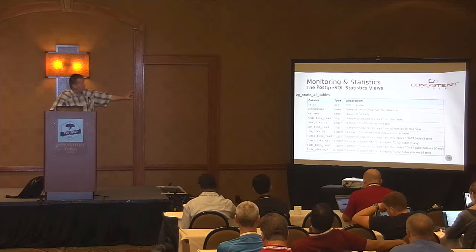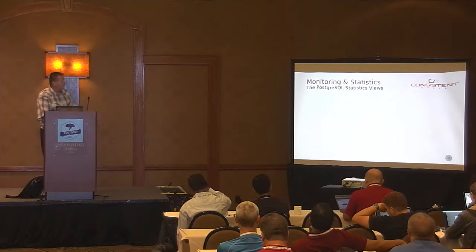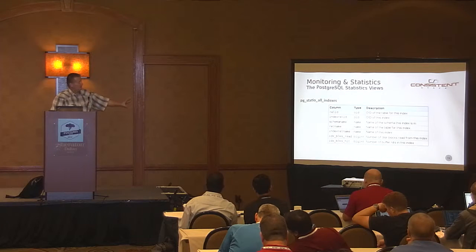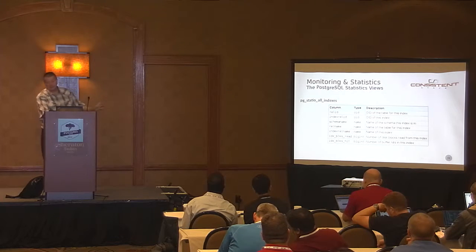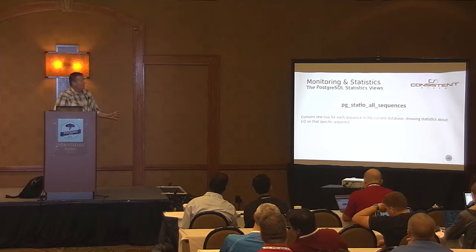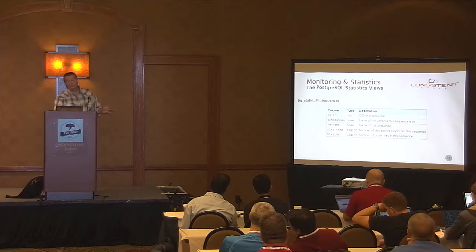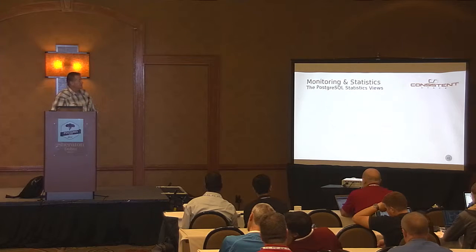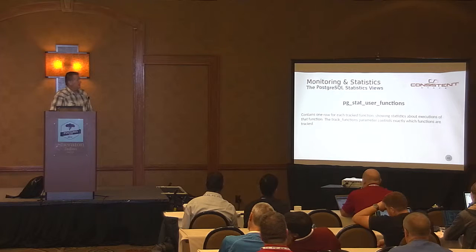Also, there's a number of index IO and toast table IO statistics in these tables. Same thing for the indexes. There's a stat.io version of the table for indexes. There's a stat.io all and user and system sequences that gives me sequence information.